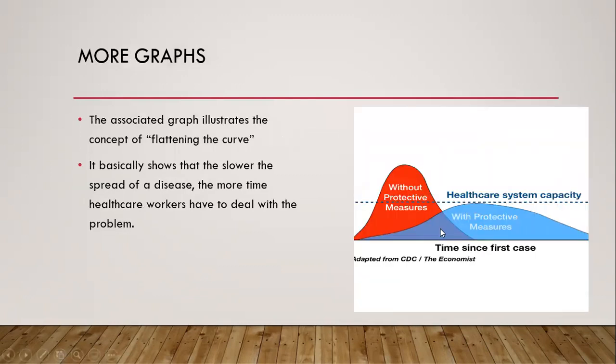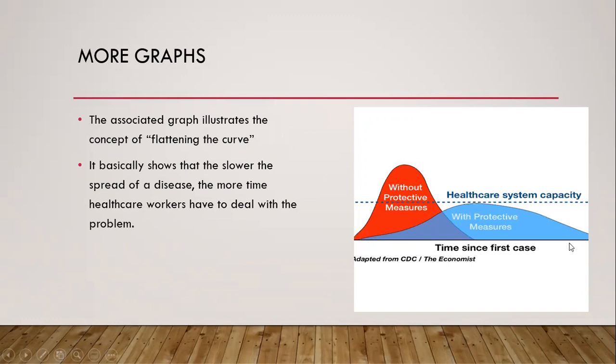All right. This chart talks about the concept of flattening the curve. So right now, with all the stuff we're dealing with, we're talking about what happens with protective measures and what happens without protective measures. This is our healthcare system capacity, and this is the time since the first case.